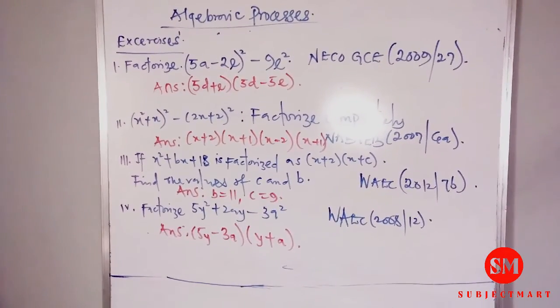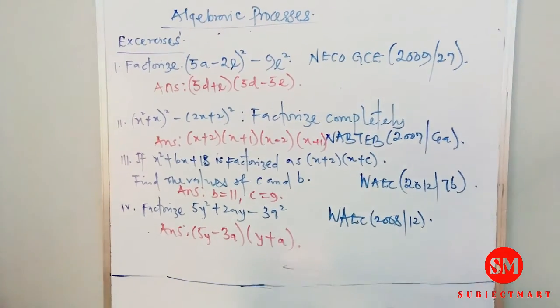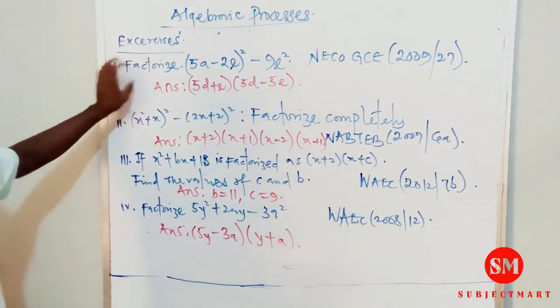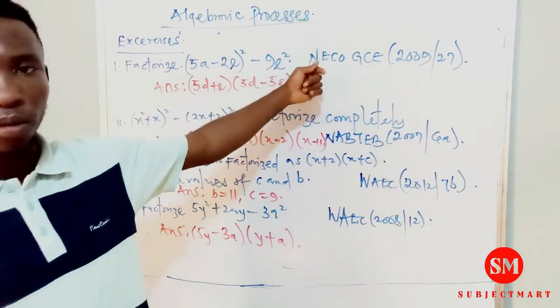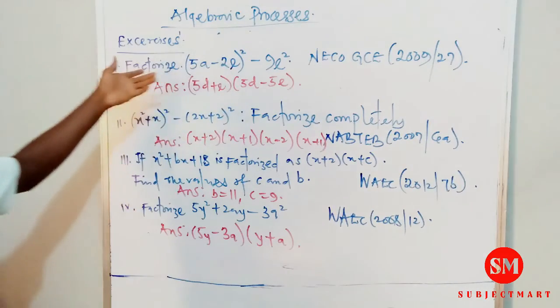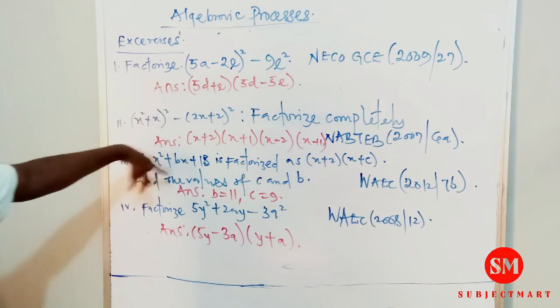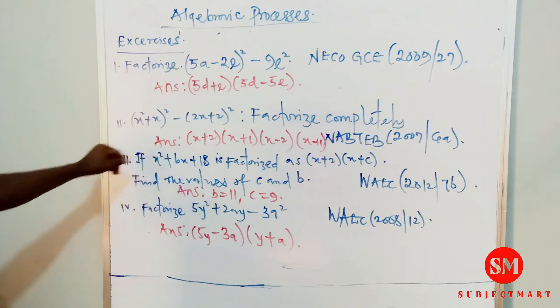So, coming to the end of class, we've been able to touch a lot, and now we'll have an exercise to back up what we've learned. So we have factorized this, which is a NECO question, 2009. We have, and this is the solution. After you finish trying, you find your solution. And we have this factorized completely, which is a NABTEB question.